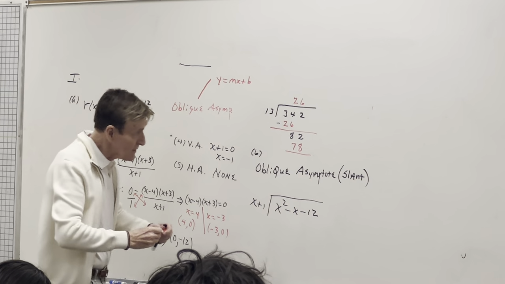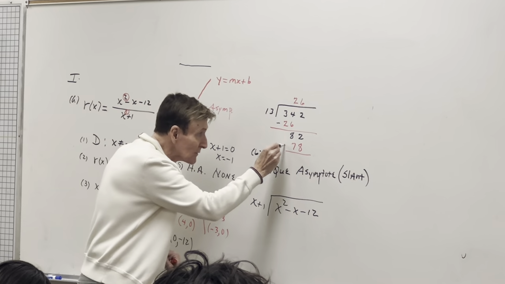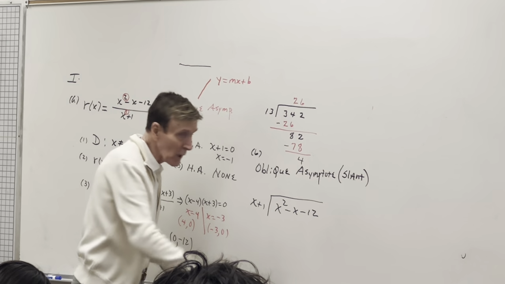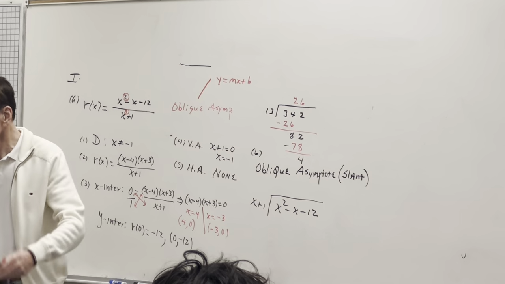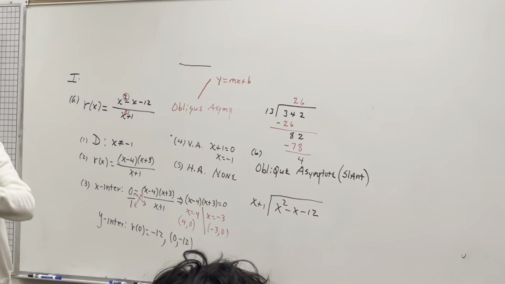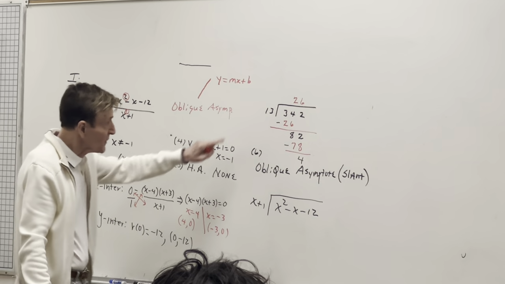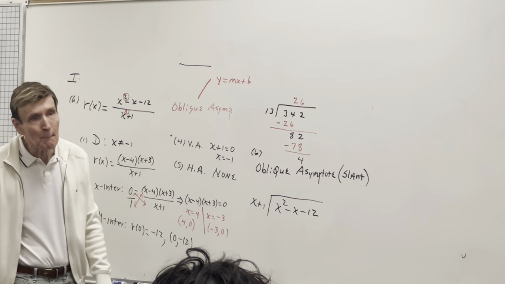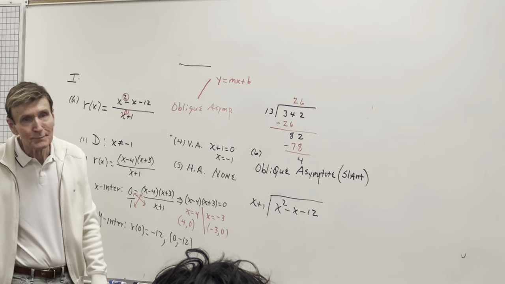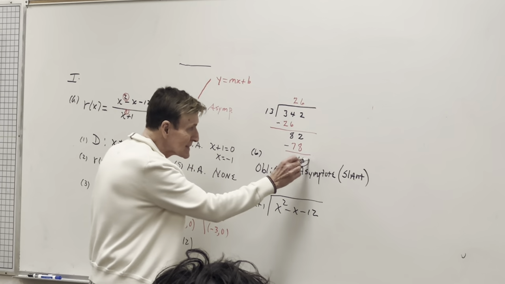And I'll finally subtract again, in that process of long division, and you end up with a 4. Does anyone recall what that is at the end of my process? I can't take 13 into 4. What was that 4 known as back then? Remainder. This is your remainder, if you need it.